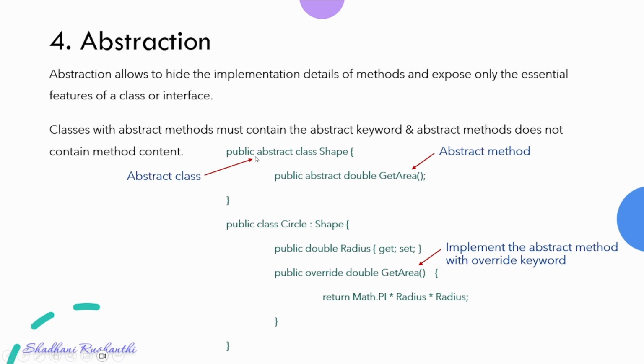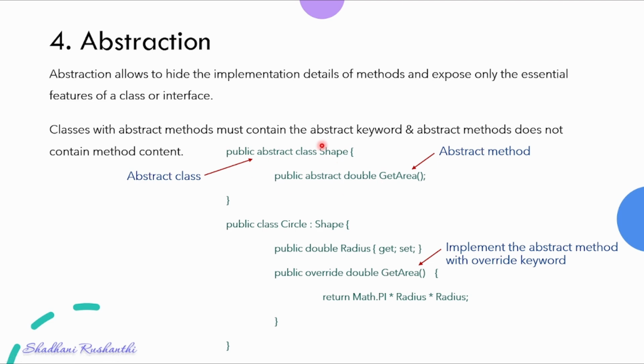But when you define a class as an abstract class, all the methods of that class should contain the keyword abstract, and those methods should not contain any method body. That's the concept of abstraction. You can inherit this abstract class to a child class, and through the child class you can access the abstract method and define its body.